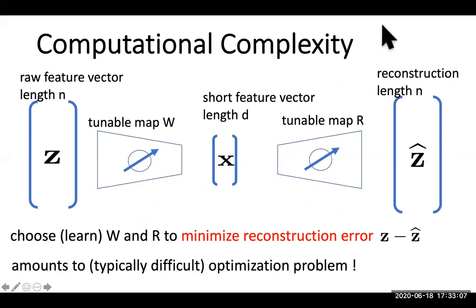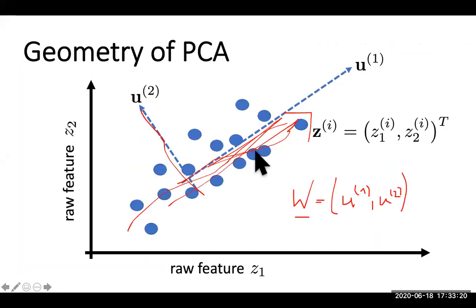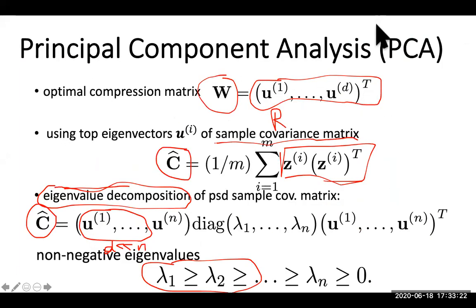So, although it seems quite easy and straightforward to implement PCA, it is typically not, because in order to compute this eigenvalue decomposition, we need to invest a lot of computational power, and this becomes significant for long feature vectors, which is often the case in big data applications where the raw feature vectors have billions of entries.